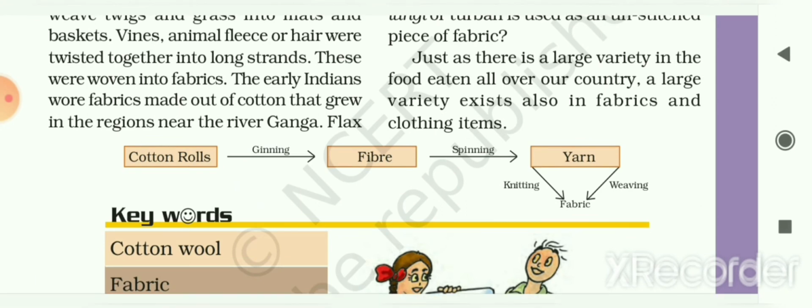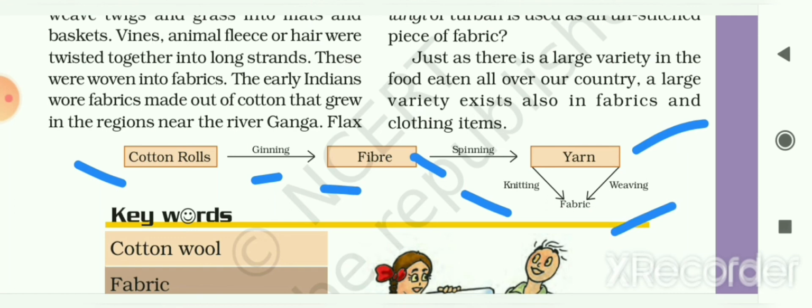First, from the cotton rolls by the process of ginning, we got the fiber. Now from the fiber, by the process of spinning, we got the yarn. To convert this yarn into fabric, there are two processes, that is knitting and weaving. So we have seen all the process to get fabric from the fibers.